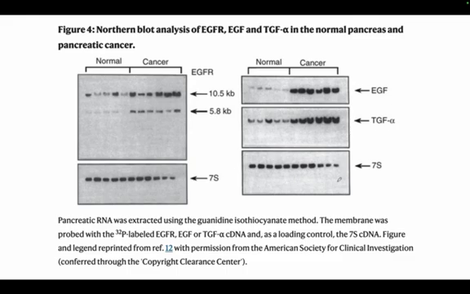7S, so this blot is basically a loading control. So an RNA probe is used here that will be present constitutively in all cells. And this basically goes to show that equal amounts of RNA have been loaded in all the wells, and that the differences in band density that we see here are not a result of differential loading.